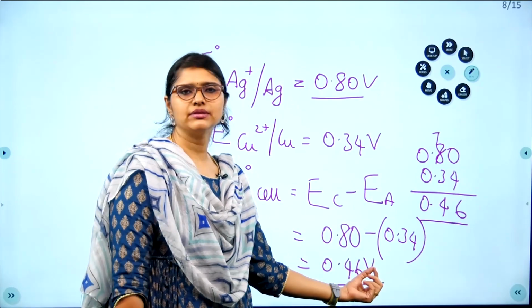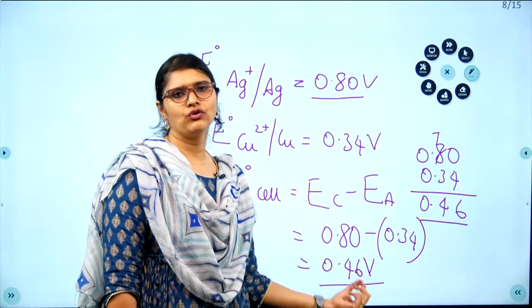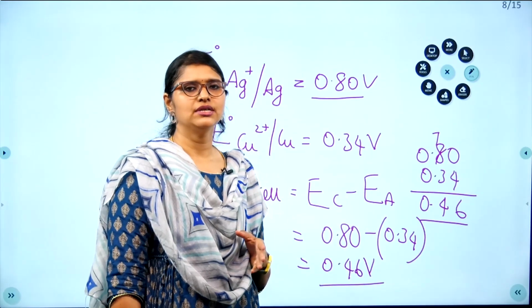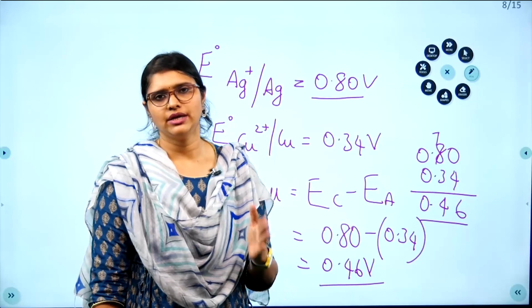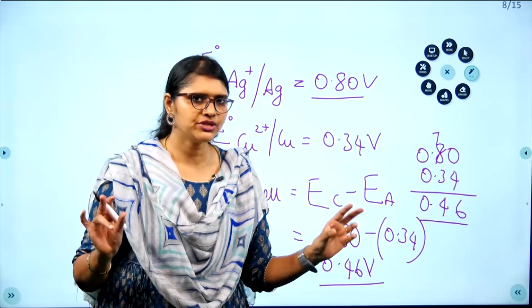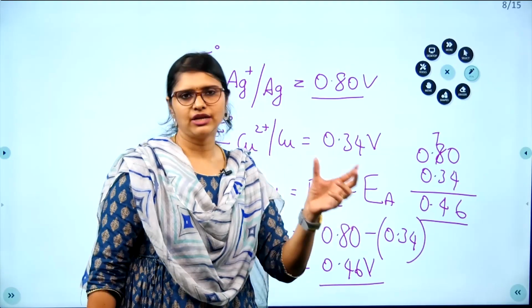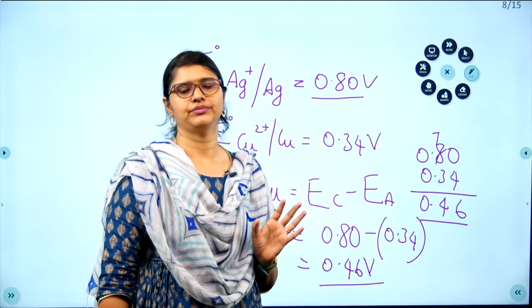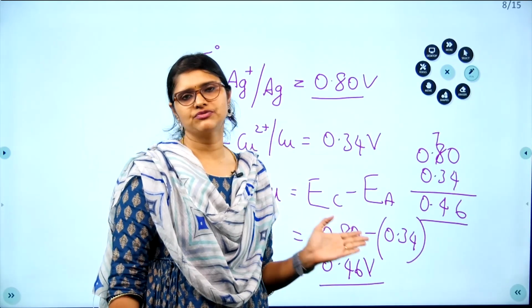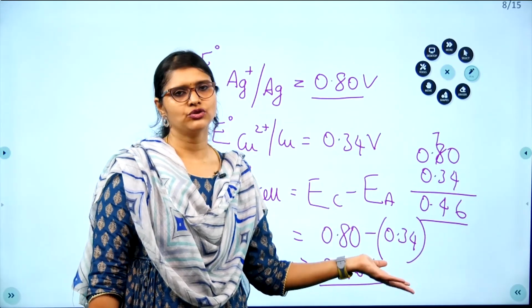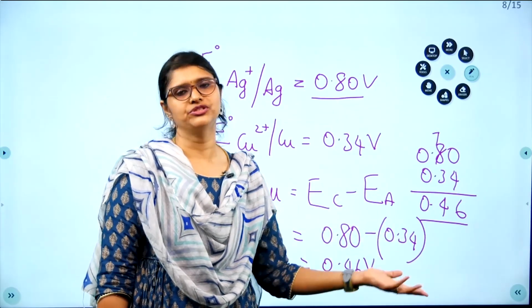You subtract it and you get 0.46 volts. Is that okay? Understood? So in this way we can calculate E naught cell for any given cell. They can even give you the IUPAC convention and the values. The values we need not mug up, they will be given in the question. Alright.